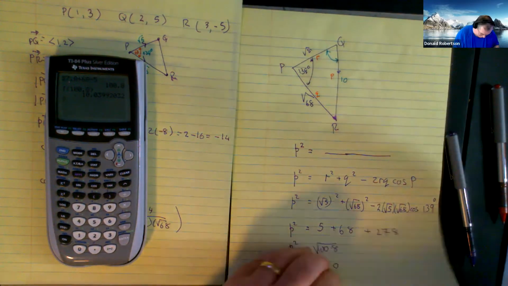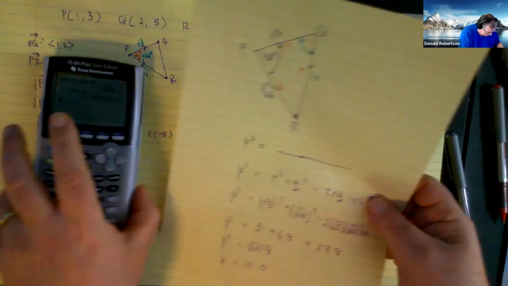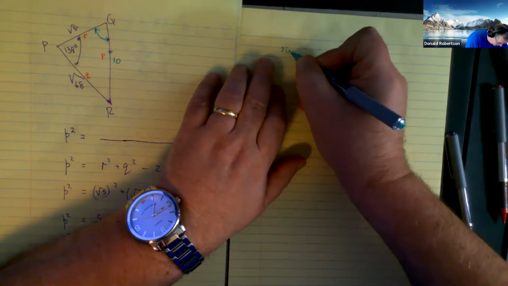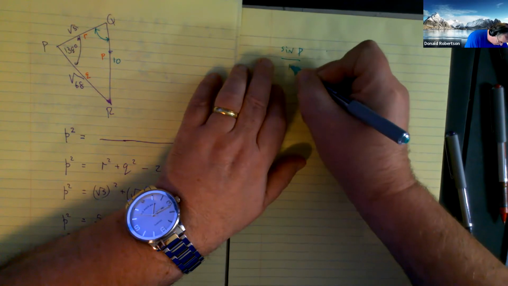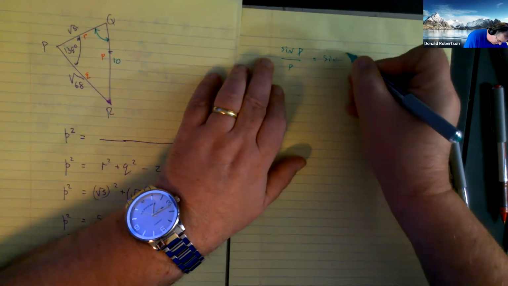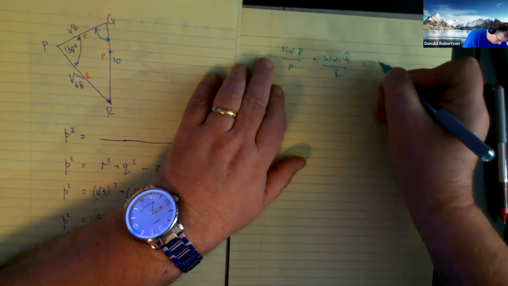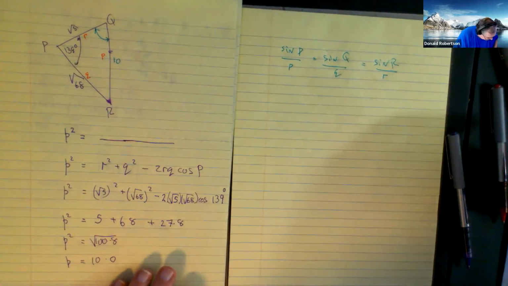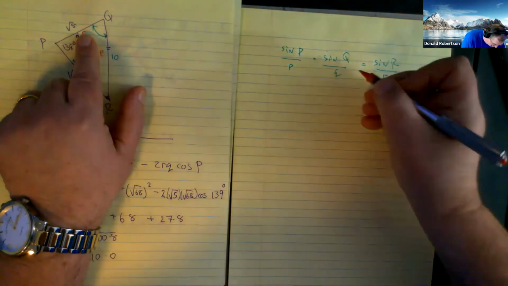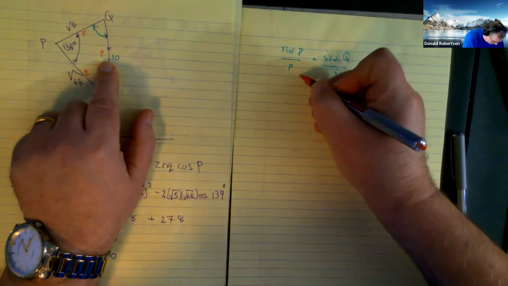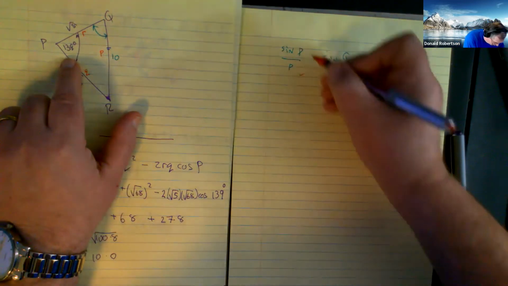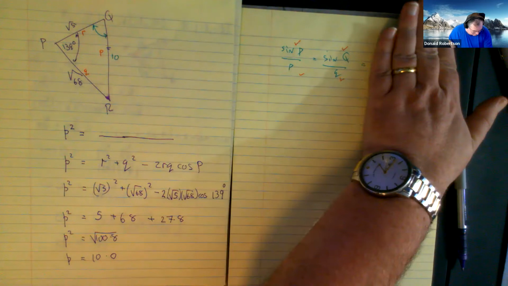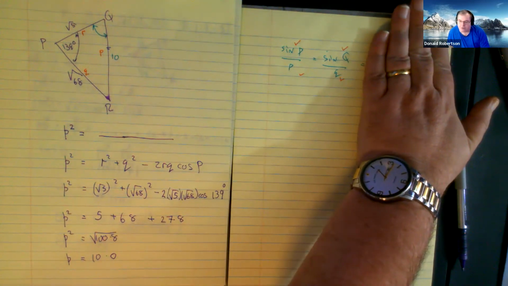So in this question, it's going to be sine P over little p, sine Q over little q, sine R over little r. And what do I know? I know little r, I know little p, I know little q, and I know that angle. Since I've decided I want to find Q, that means I'm using those two ratios.